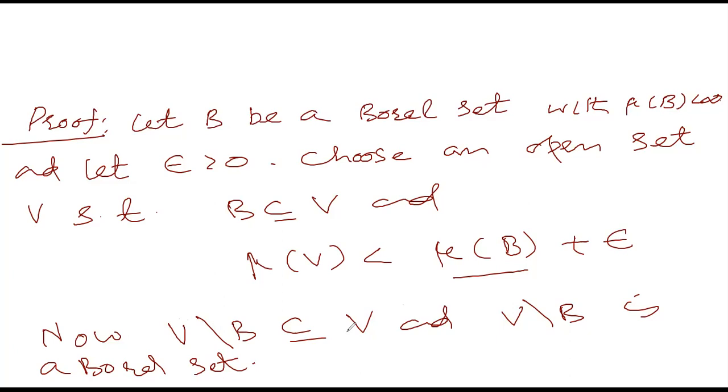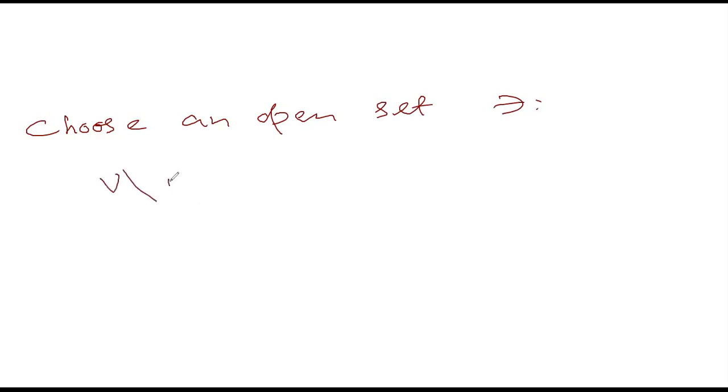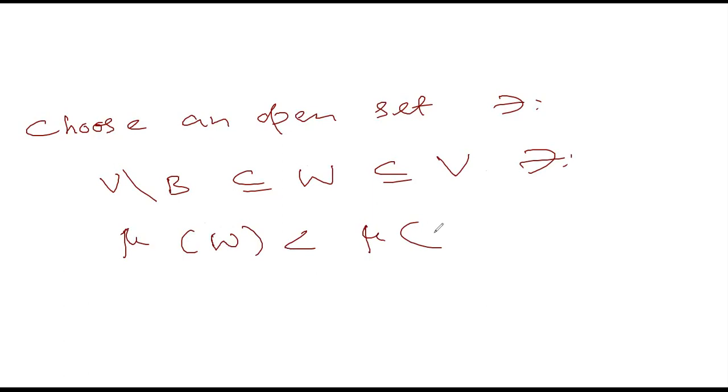So again, I apply the definition on V minus B because it's a Borel set. From the definition, we can choose an open set W such that V minus B is a subset of W, but I choose W such that W is also a subset of V, and mu of W is less than mu of V minus B plus epsilon, because mu of V minus B is the infimum of such sets.